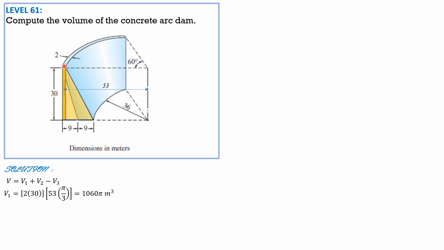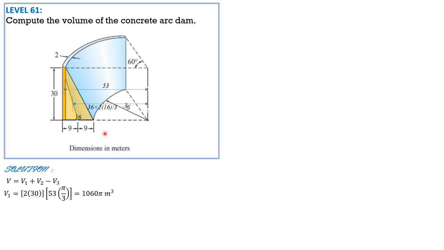Volume 2 would be this triangle here to be revolved. The dimension of this triangle at the base is 18 minus 2, or 16 meters. Then the distance of the centroid from the axis of revolution is 36 plus 2/3 of 16. Remember, this is only 16. So that centroid is 36 plus 2/3 of 16.